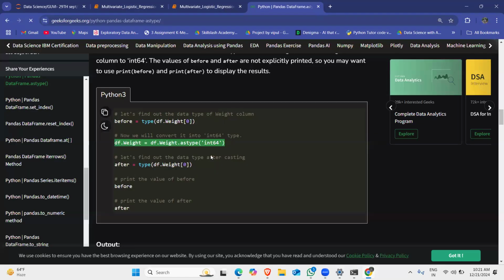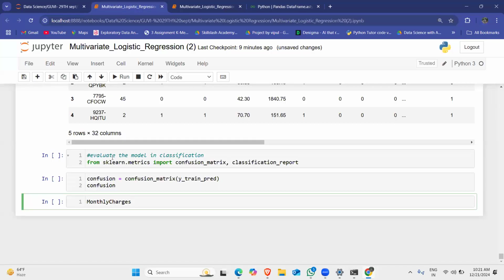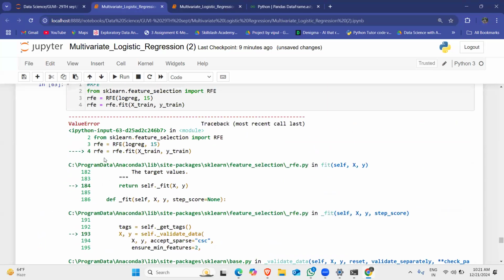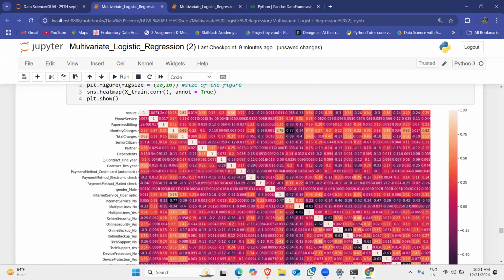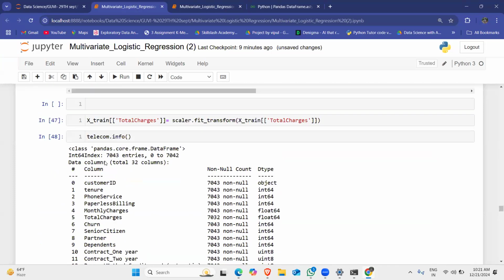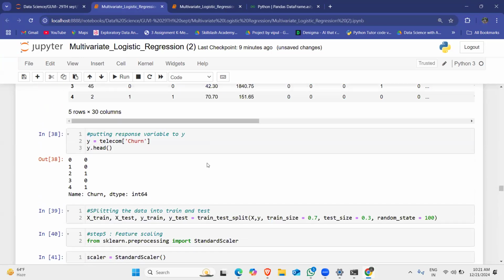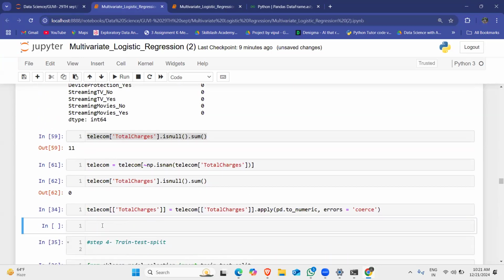I'll take help of this. Here we should do it earlier, before train test split, where we have converted the data type. Before train test split, we should do that.